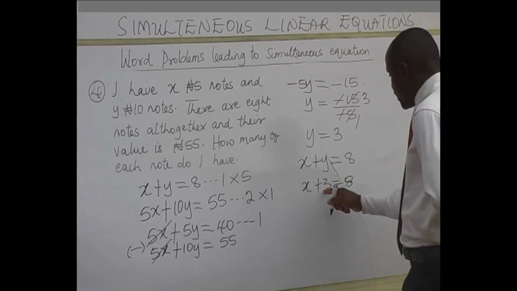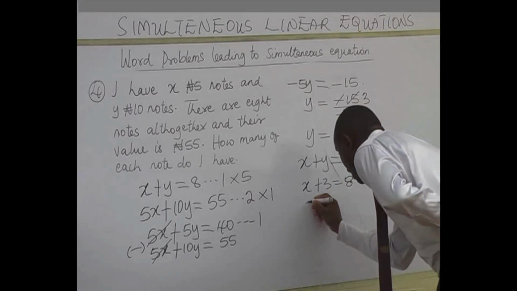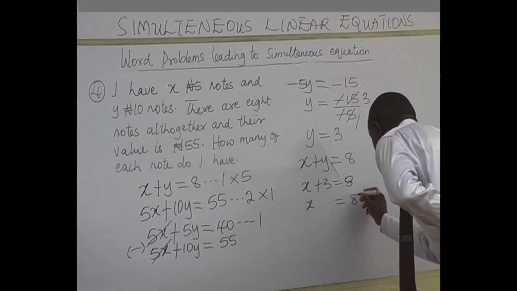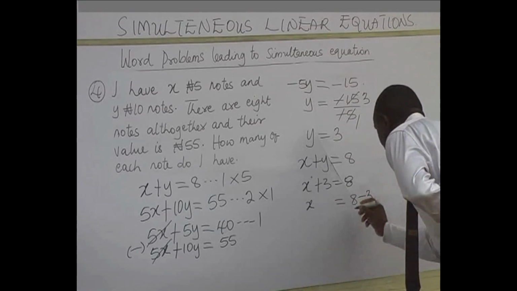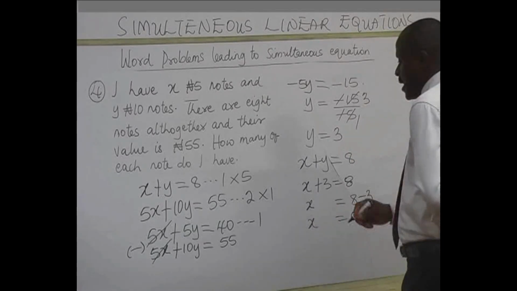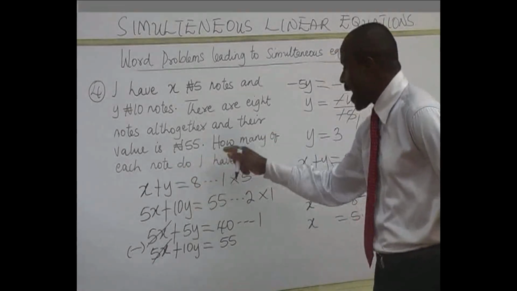Take plus 3 from the left hand side to the right hand side, it will change to minus. You are going to have only X left in the left hand side, and in the right hand side you have 8 minus 3, and 8 minus 3 is equal to 5. Now the question says, how many of each note do I have?